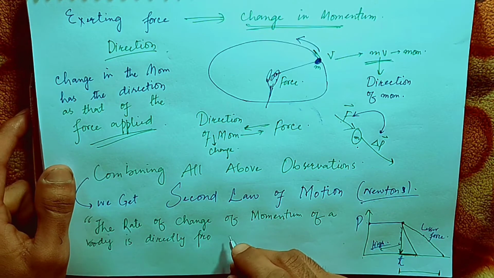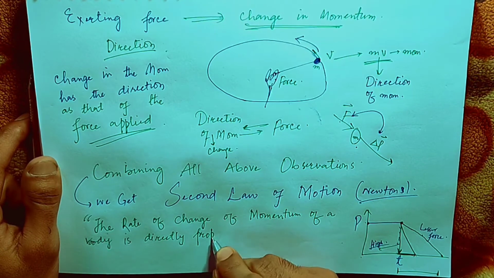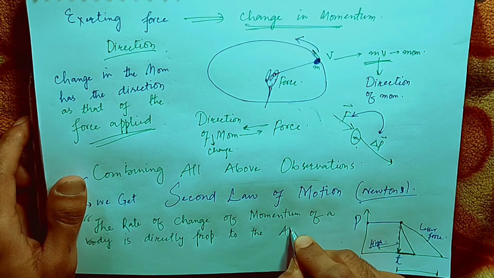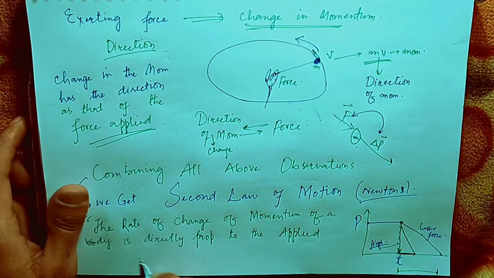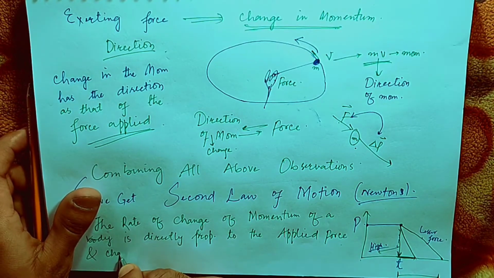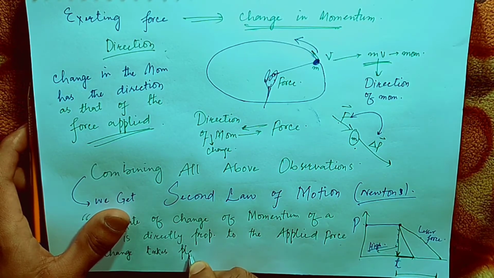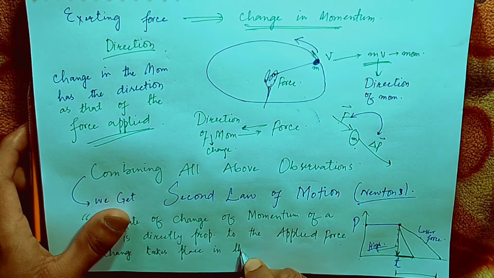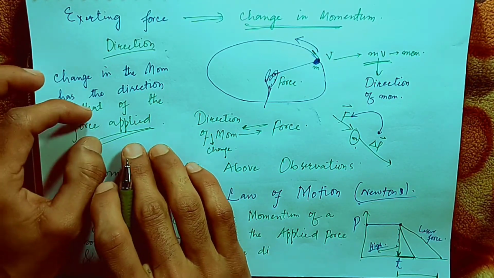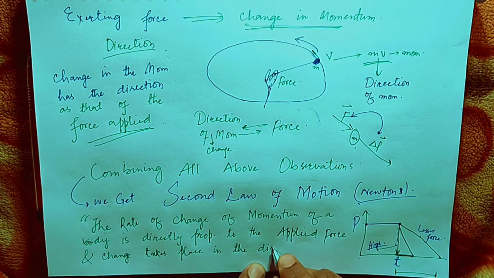So the rate of change of momentum of a body is directly proportional to the applied force, which I have talked about earlier. And the second thing is that the change takes place in the direction, in what direction? I have told you, the change in the momentum takes place in the direction of the force applied.